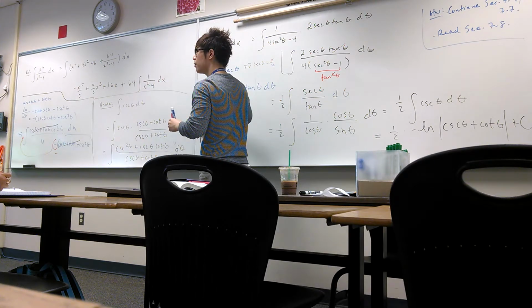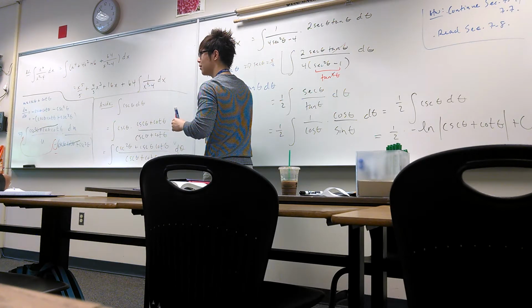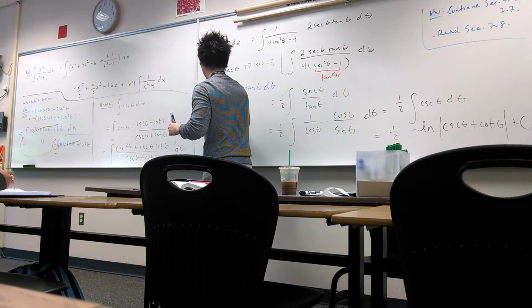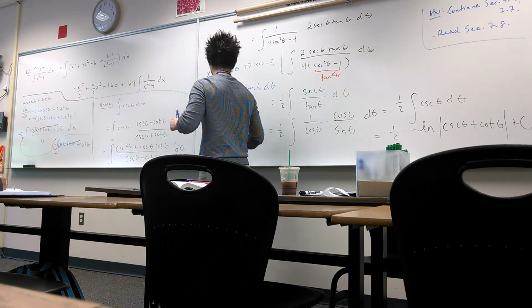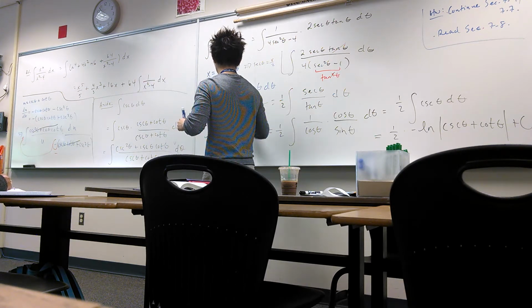What is 2? So secant is hypotenuse over adjacent. So it's going to be x over 2. This is going to be the square root of x squared minus 4.